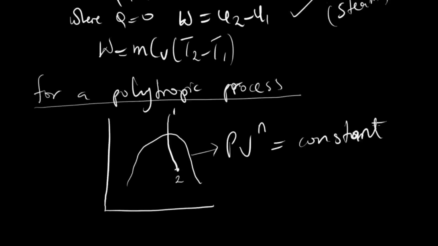Okay, so that's P1 V1 raised to power n is P2 V2 raised to power n.